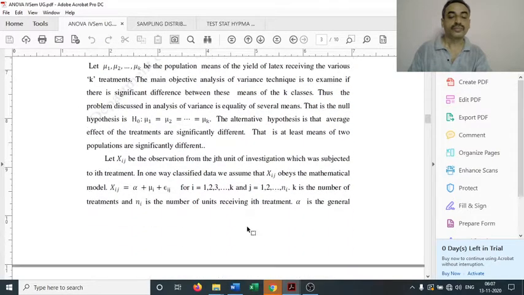Now, for that, we propose a model for this one-way analysis of variance, and it is given by x_ij equals alpha plus mu_i plus e_ij. We have found that this variation is the totality of assignable cause and chance cause. So here, this is the sum of three factors. One is alpha.